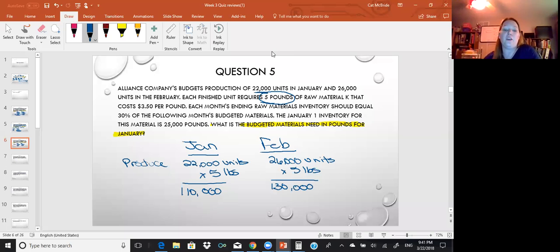So we need 110 in materials, pounds, for our January production, and we're going to need 130 pounds for our February production. We don't have to worry about the cost because we're looking at pounds, not dollars.